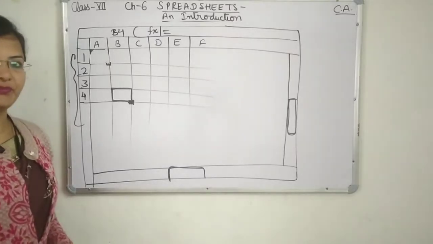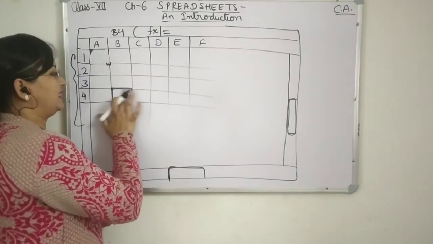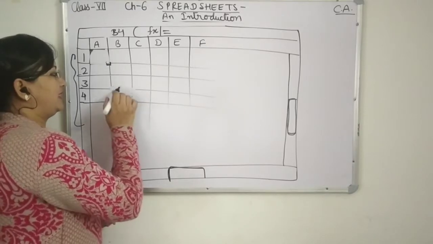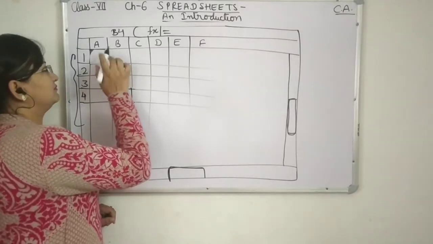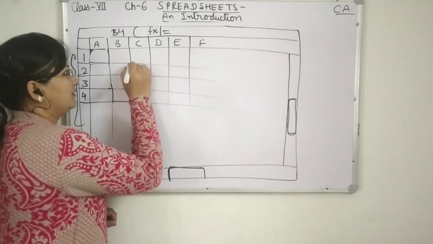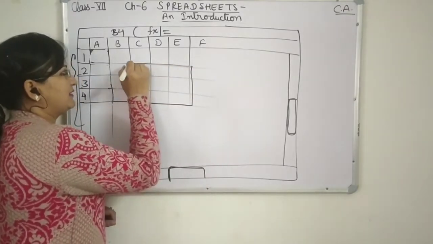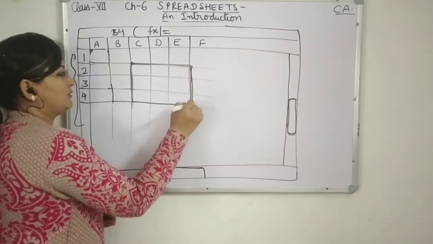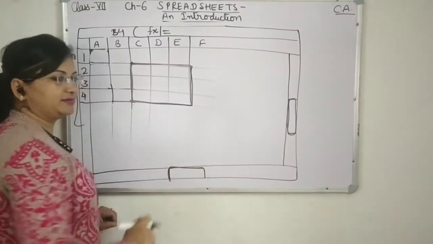Got it? Now suppose we select multiple cells, like from here to here. How do we select multiple cells? First of all, you have to select this cell and then you have to drag.